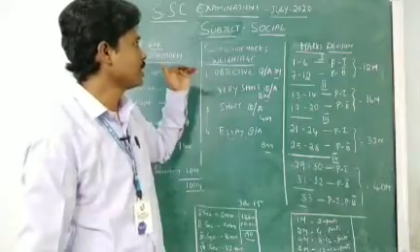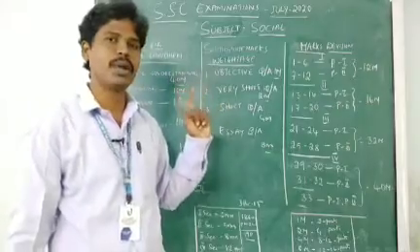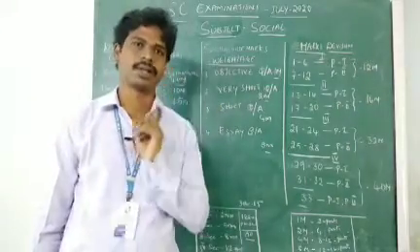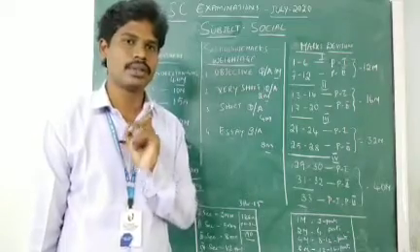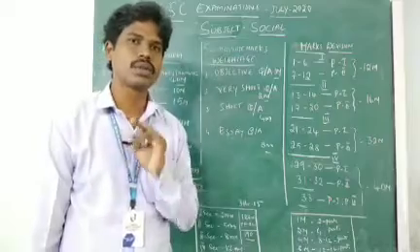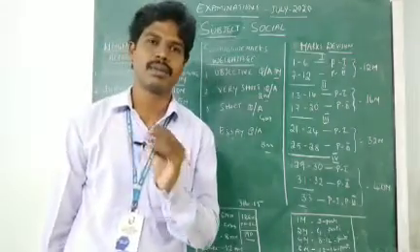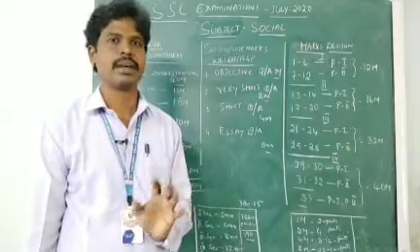Let's come again to the section-wise marks weightage. In the objective type section, each question gets 1 mark. Very short answer questions get 2 marks. Short answer questions get 4 marks. And essay questions get 8 marks.